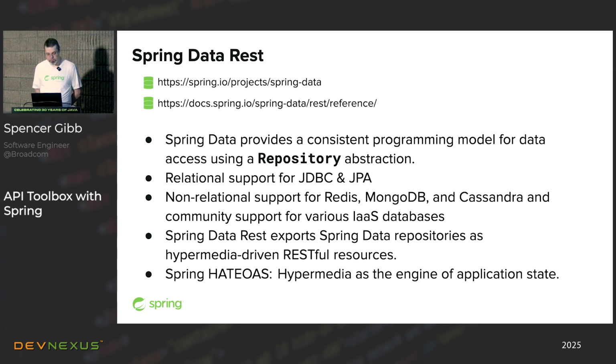And this project that has originated from Spring Data, Spring HATEOAS, I'm not even sure how to say it correctly, is hypermedia as the engine of state, right? So this gives you links in your responses that allow you to navigate the data that has come back.